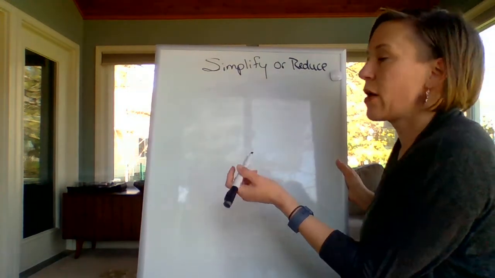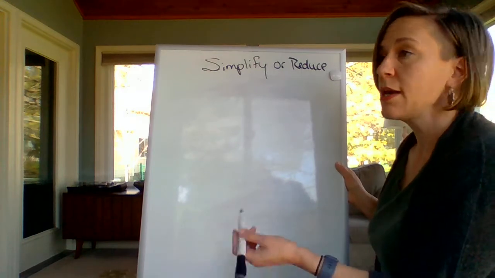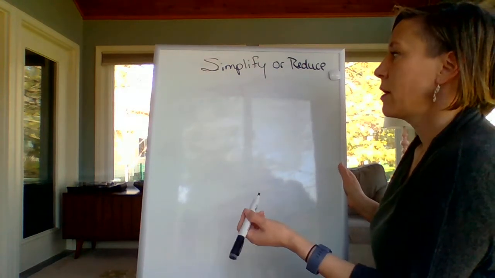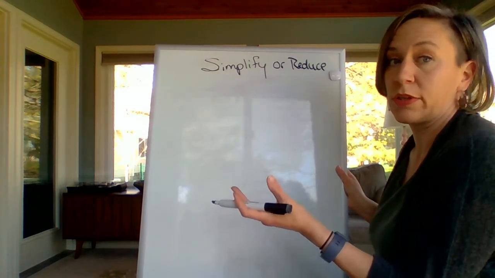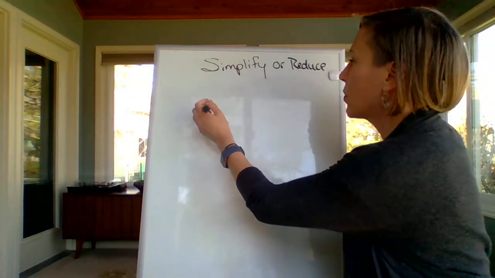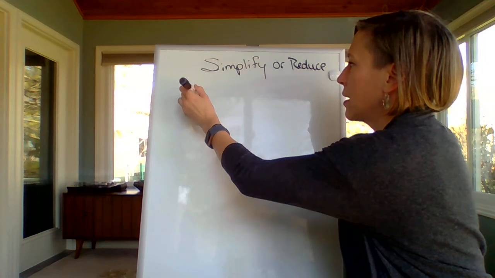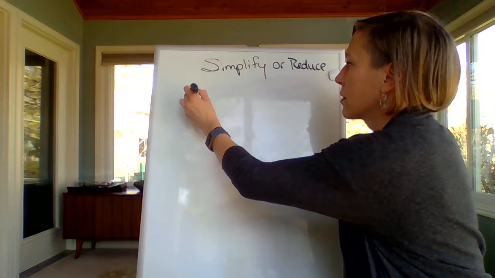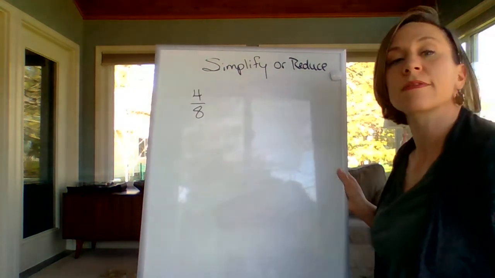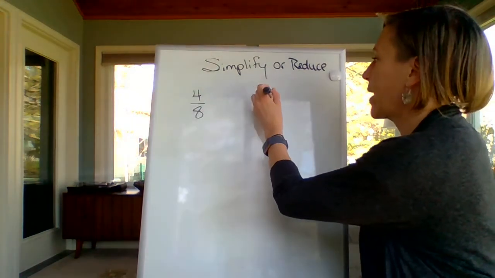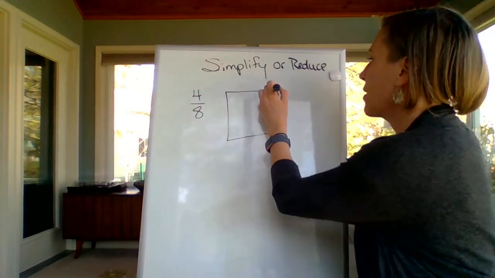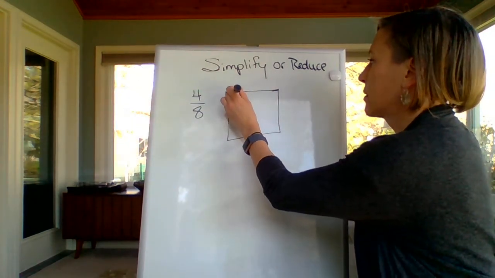So let's take a look at how we can do that visually and with calculation, with math. So for example, let's just go 4/8. Okay, I want to show 4/8. So I could create a model here.